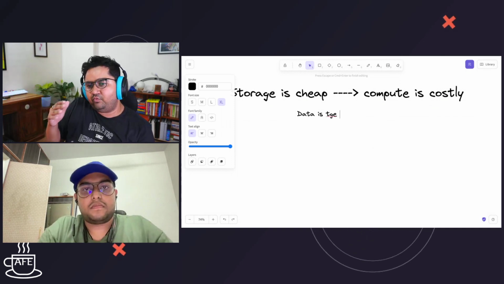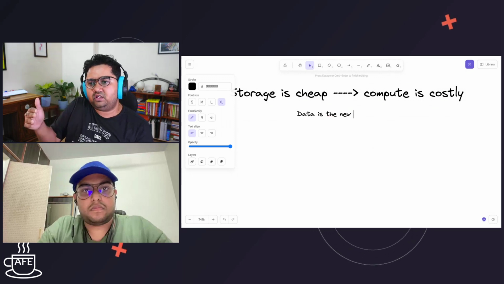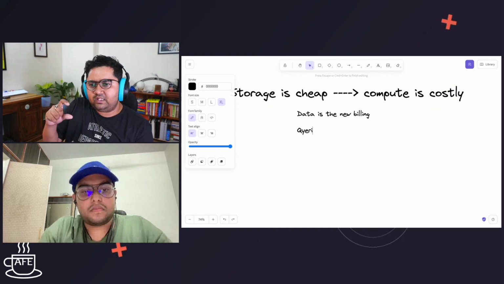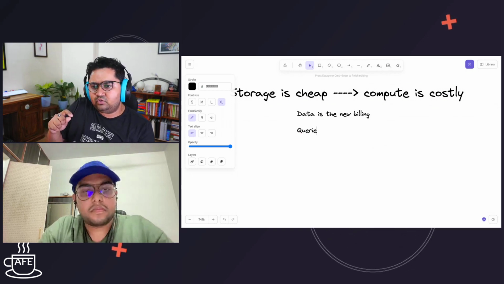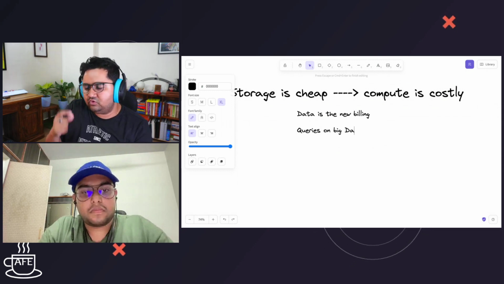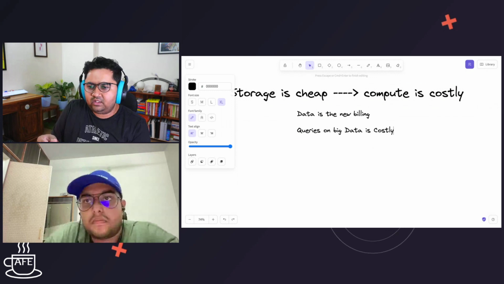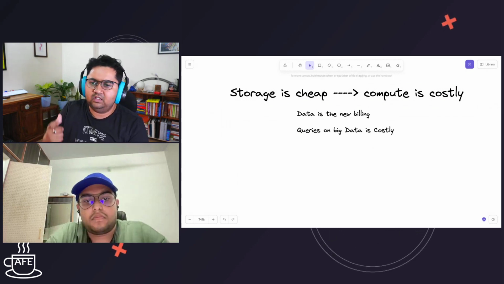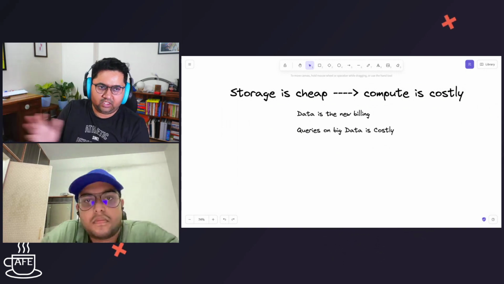And when you run queries on that, these are exponentially costly. What I mean by that is running a query on a smaller data set might be very cheap. But as you keep using the same query, most people wouldn't go to the point of optimizing their queries, adding more indexes, chopping them, partitioning their data, all the good things we used to talk about in the old days.